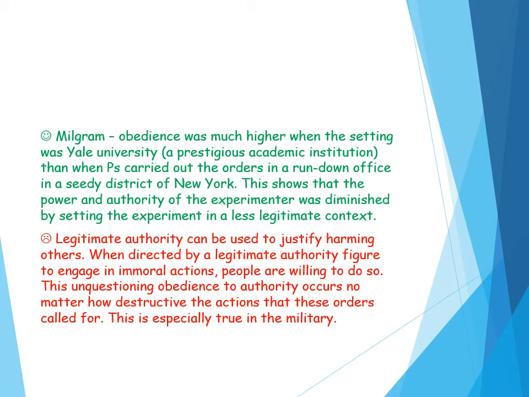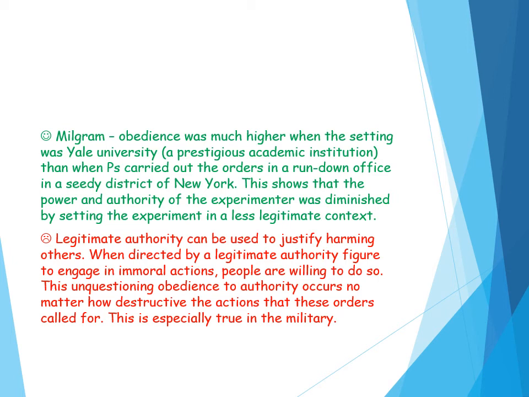Okay, you might be able to explain cultural differences in obedience. So it reflects differences in legitimacy of authority. So Germans were 85% obedient. But it can also be used to justify harming others. When directed by a legitimate authority figure to engage in immoral actions, people are willing to do so, and this unquestioning obedience to authority occurs no matter how destructive the actions are, especially true in the military.